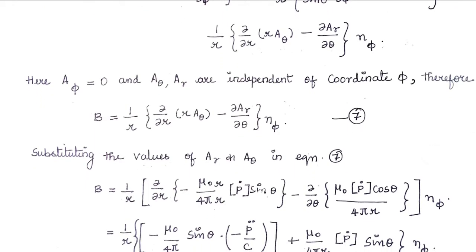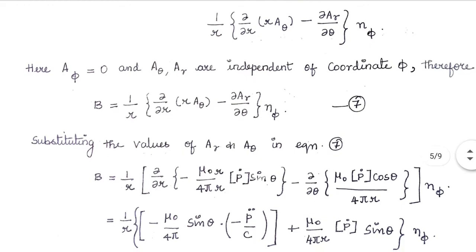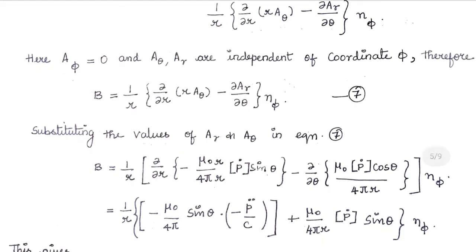We know A phi is equal to 0, and A theta and A r are independent of the coordinate phi. So therefore B reduces to 1 by r into [dou by dou r (r A theta) minus dou A r by dou theta] into n phi.